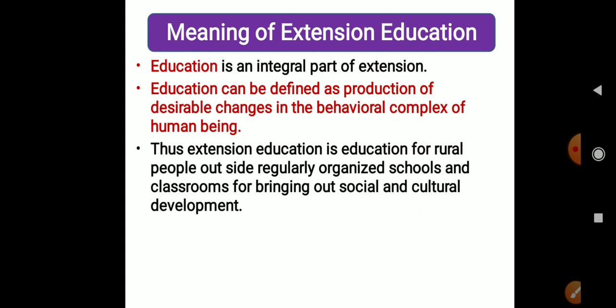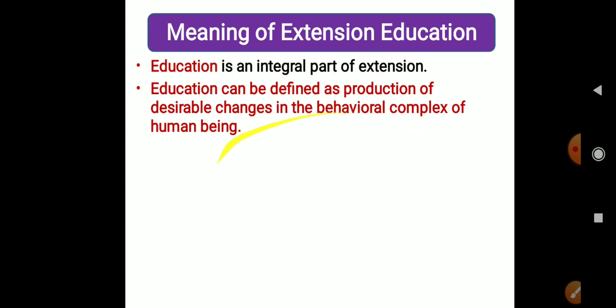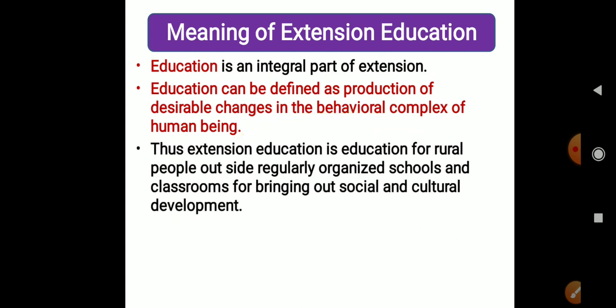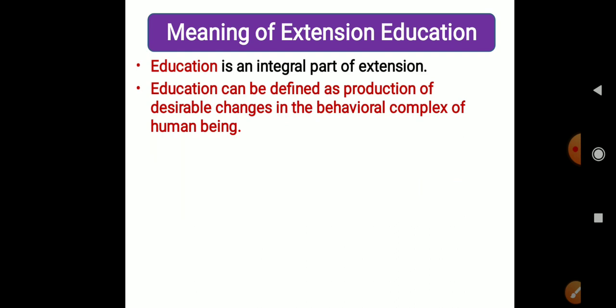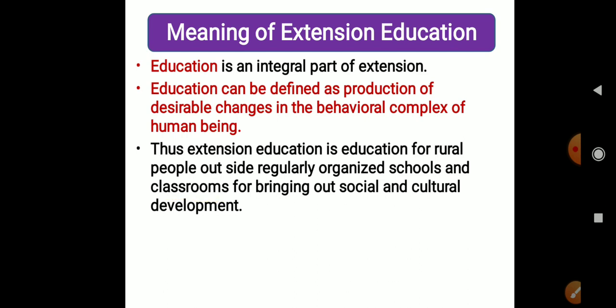Extension education is education, but outside of schools and classrooms. And what is the main purpose? To bring social and cultural development. For bringing development in society, socially and culturally, we need to follow extension education.